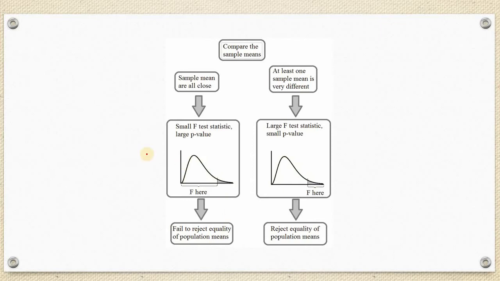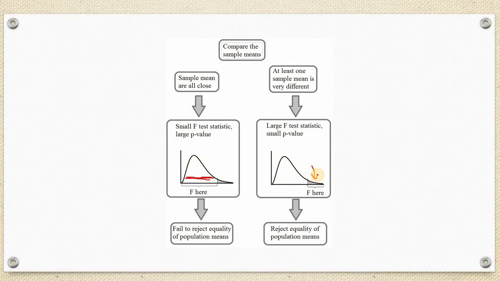To compare the sample means, it is graphically represented like this. If you have a small F, your F value falls somewhere here, and your p value is large. When your p value is large, as you know from my last video, you fail to reject the null hypothesis. And if your p value is significant, say less than 0.05, then your F is falling here.